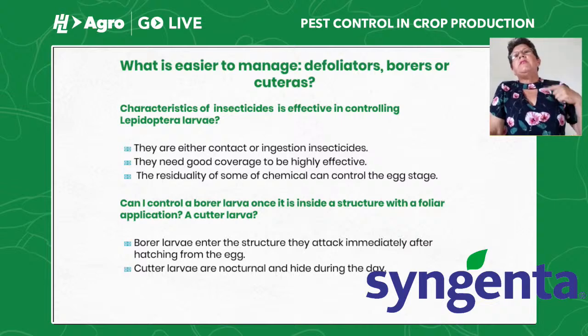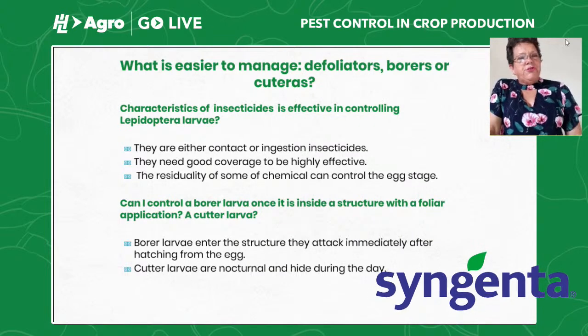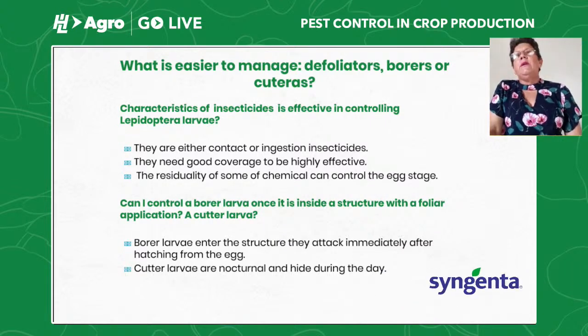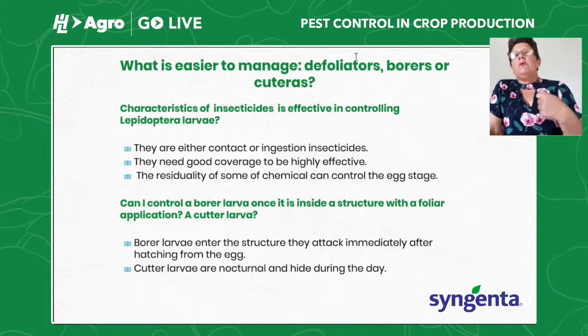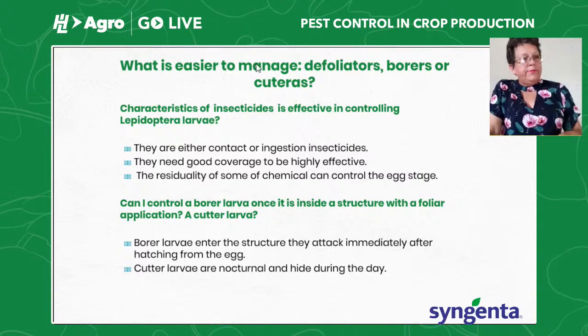So using an insecticide exclusively to control a borer larva is almost useless. Borer larvae enter the structure and attack immediately after hatching from the egg. That makes it very difficult to do a good control of this type of larva.